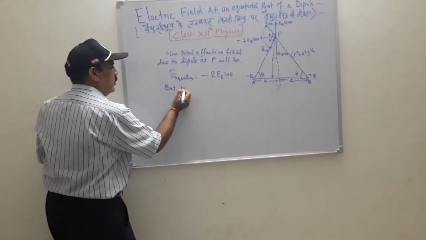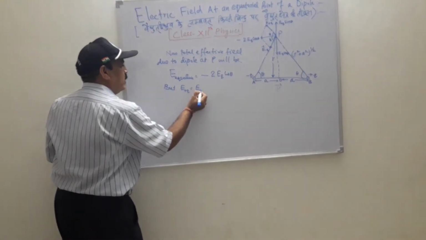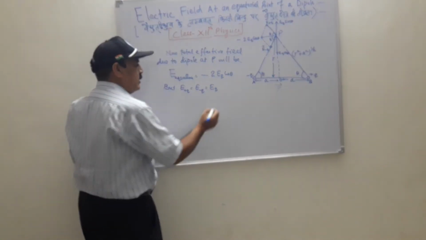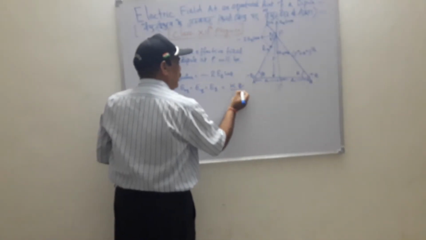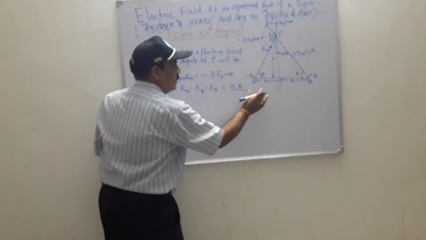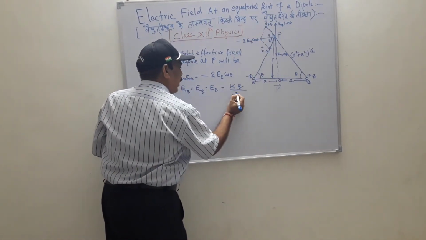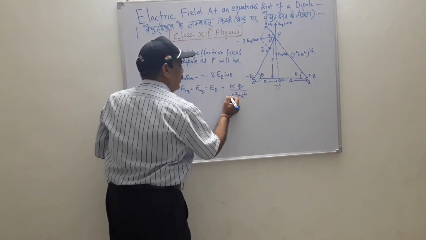but E plus Q is equal to E minus Q, which is equal to EQ, that is KQ divided by the distance squared, r square plus a square.